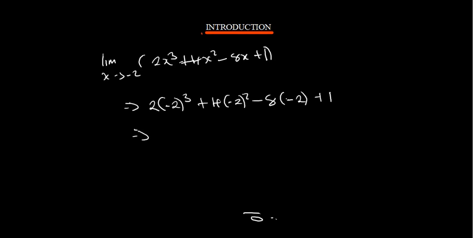Negative 2 cubed is negative 8, because 3 is an odd number. Then plus 4 open bracket 4, then minus 8. No, let me just do it here.